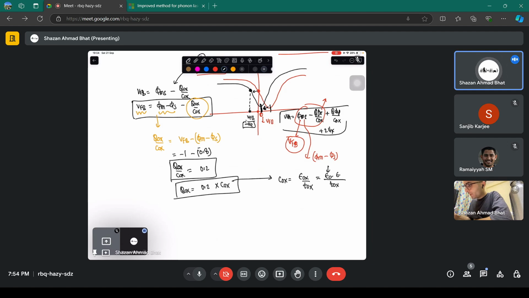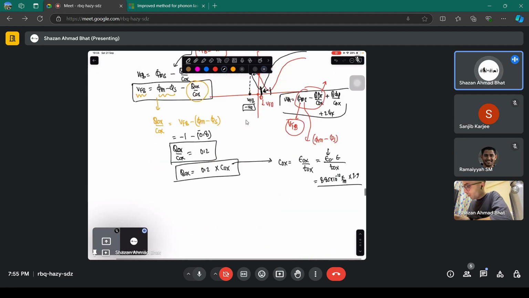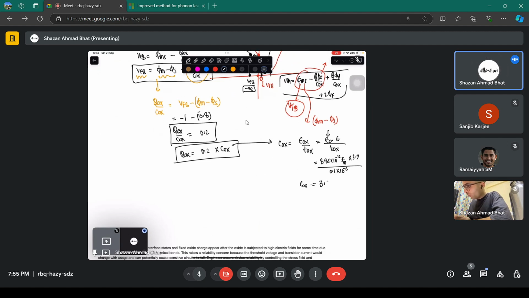Epsilon naught is the permittivity of free space, which is 8.85 into 10 to the power minus 12 farad per meter, into 3.9, divided by the thickness of the oxide, which is 0.1 micrometer, 0.1 into 10 to the power minus 6. You compute this value, you get the oxide capacitance as approximately 3.5 into 10 to the power minus 8 farad per centimeter square. Take note of the units.